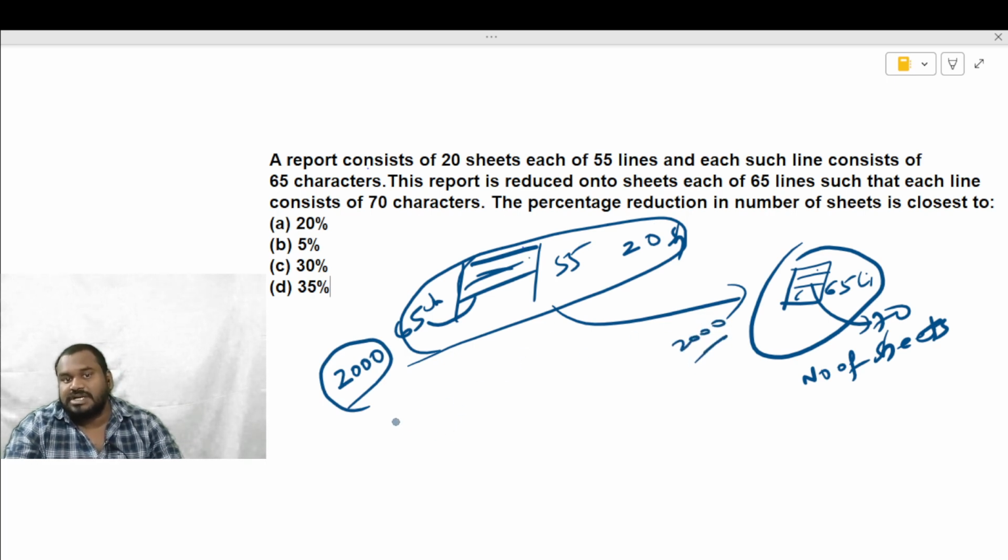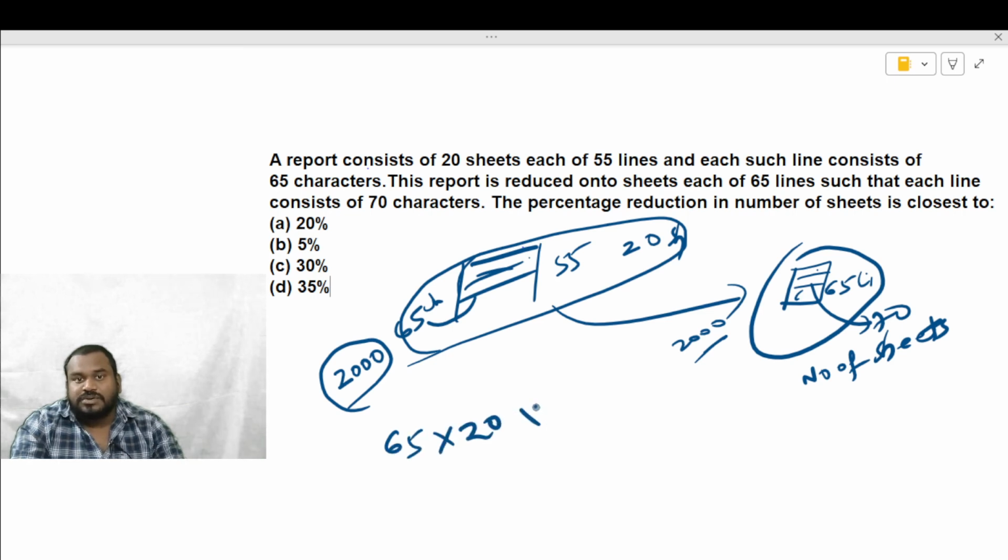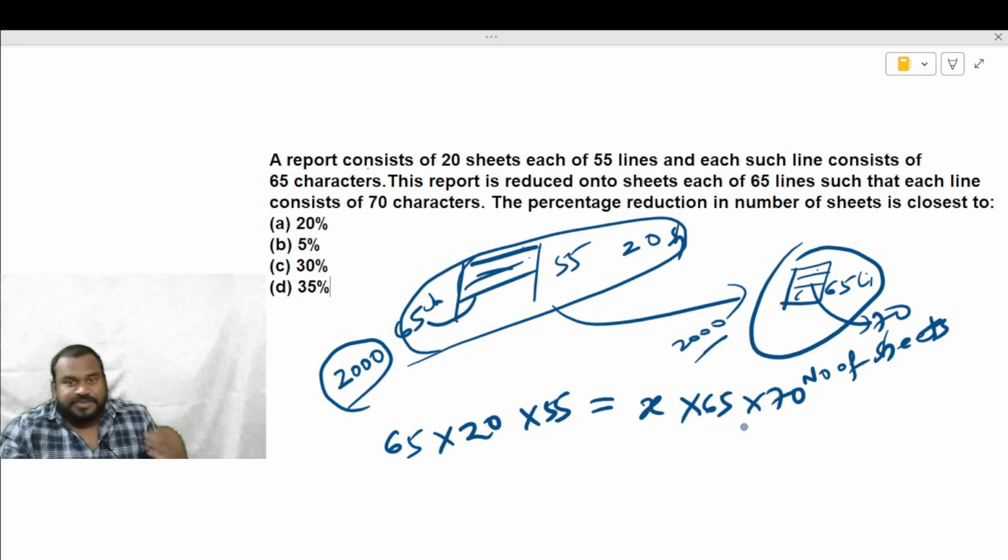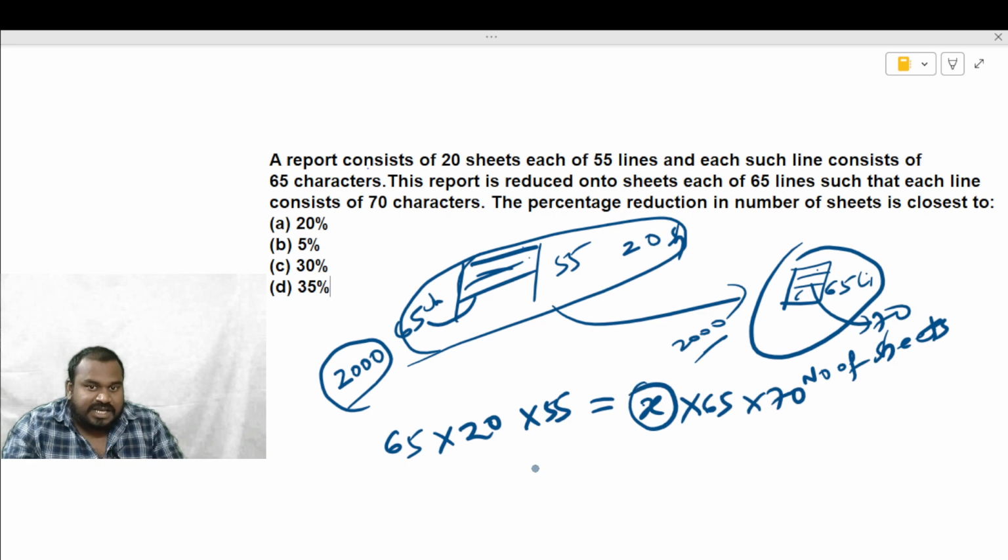So you can multiply 65 into 20 into 55 and equate it to the number of sheets, which I don't know, so I'll take it as x, into 65 into 70 characters on each line. From this I'll get the x value. First you find that x value.